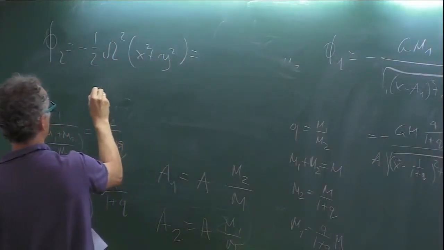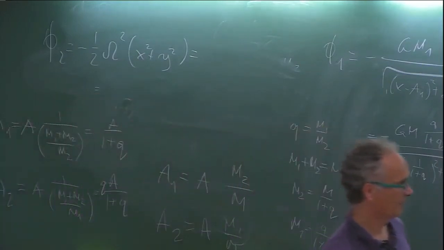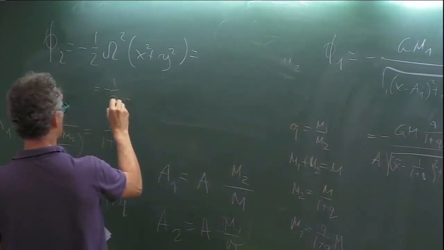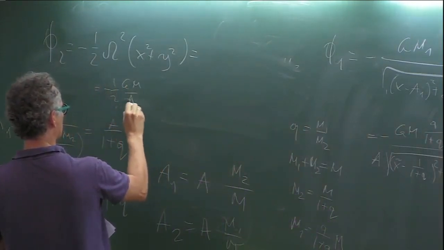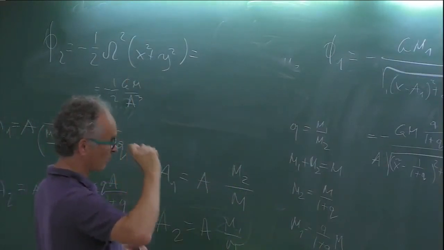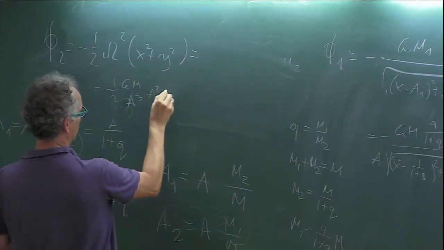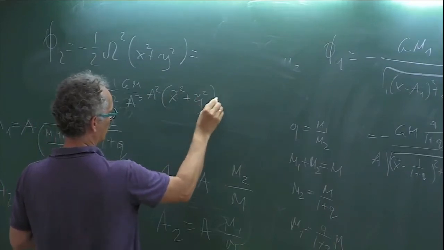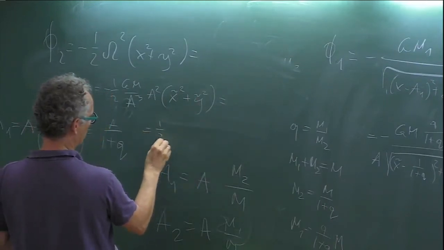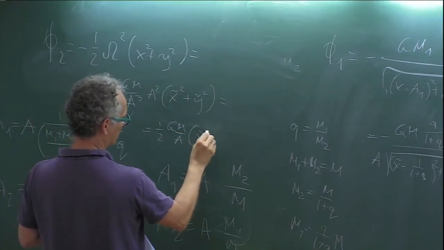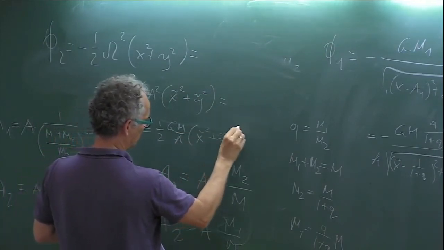Omega squared is GM over a cubed. If we express this in these dimensionless quantities, we'll have a squared times (x squared plus y squared), so this will be minus 1/2 GM over a times (x squared plus y squared).